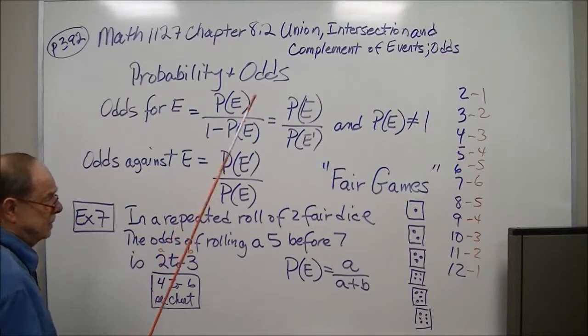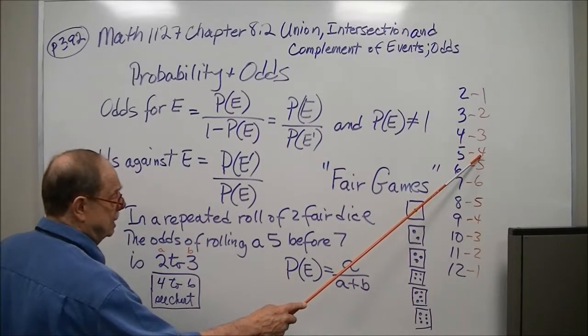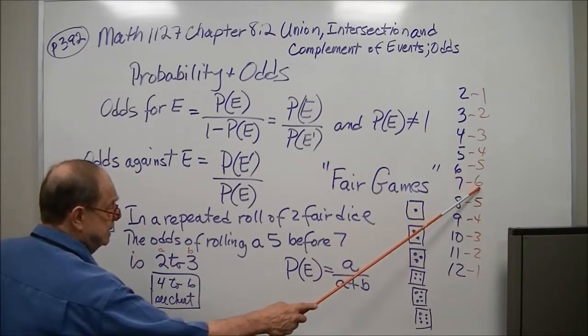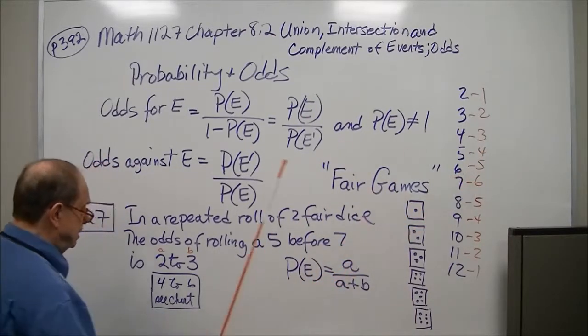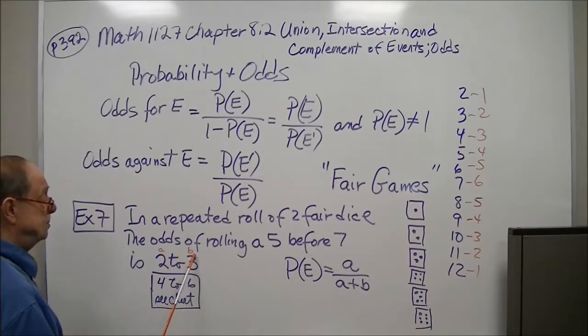Well, if we look at our chart here, to roll a 5 is 4 ways. To roll a 7 is 6 ways. So there's our 4 to 6, and we can divide each of those by 2, and that's where they get the 2 to 3. Now, in a sense, the 2 is the A, and the 3 is the B.